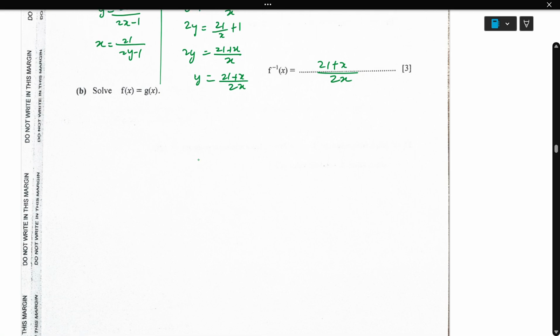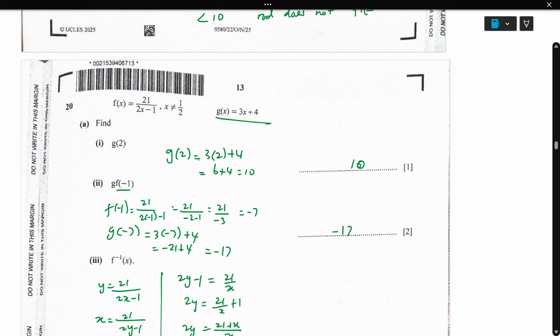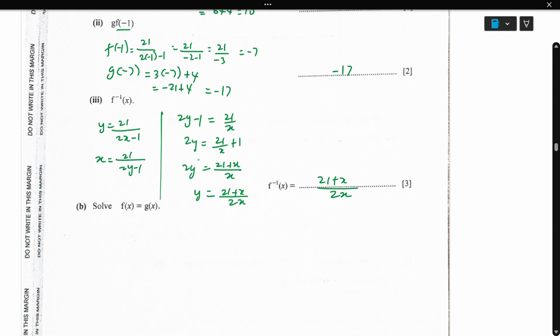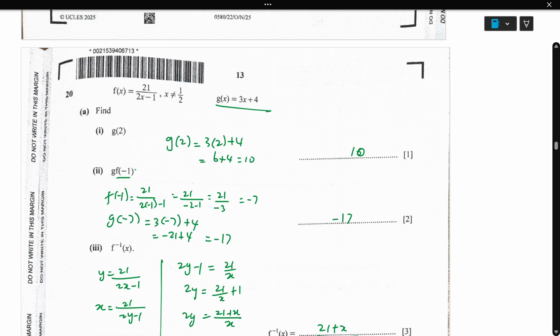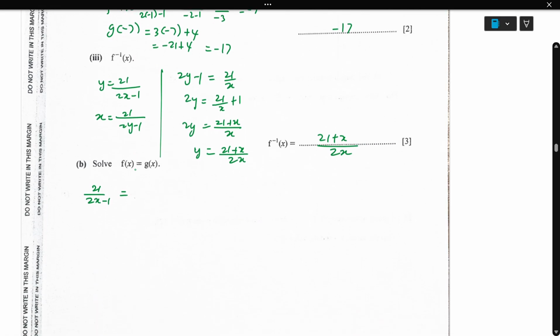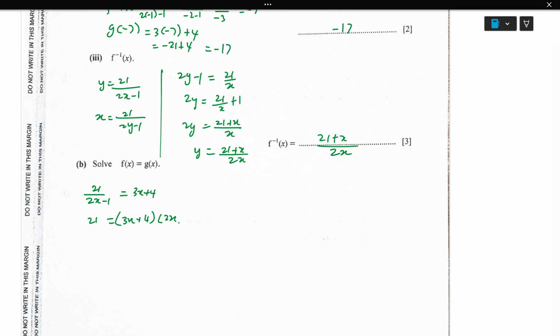Okay, next part, solve f of x equals g of x. So f of x is 21 over 2x minus 1, equal to 3x plus 4. Bring this 3x plus 4 times 2x minus 1.